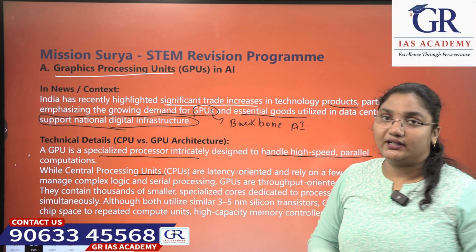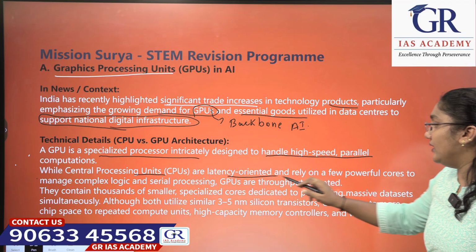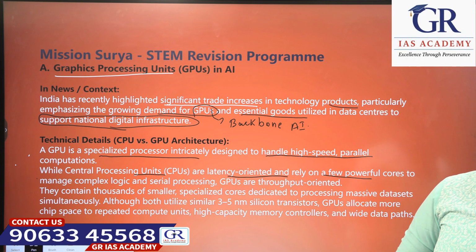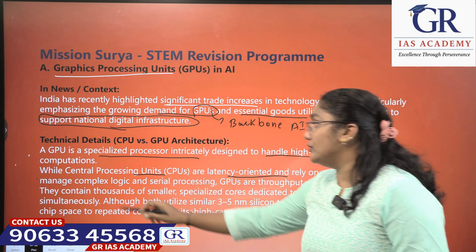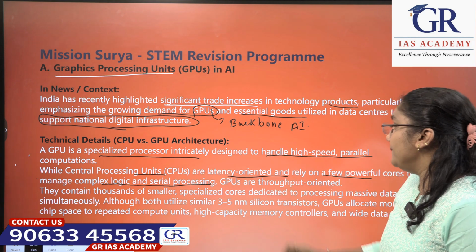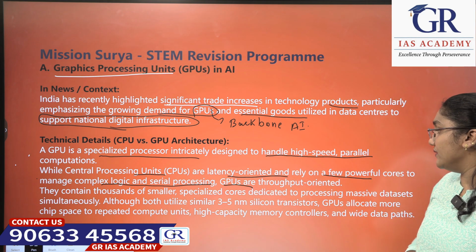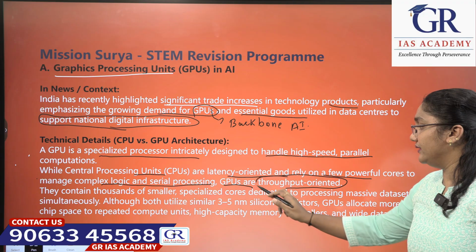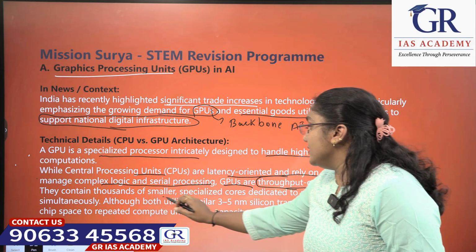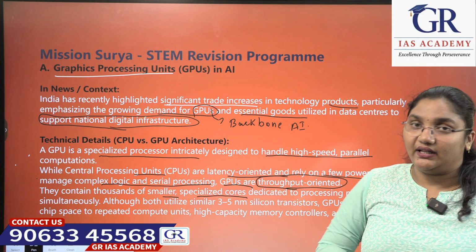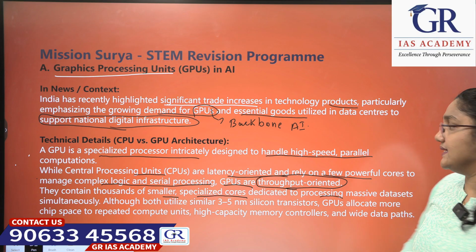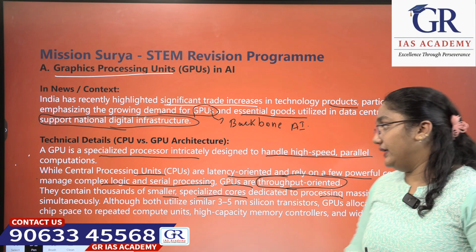The central processing units, the CPUs, are latency oriented and rely on a few powerful cores to manage complex logic and serial processing. But GPUs are throughput oriented, and they contain thousands of smaller specialized cores dedicated to processing massive datasets simultaneously.